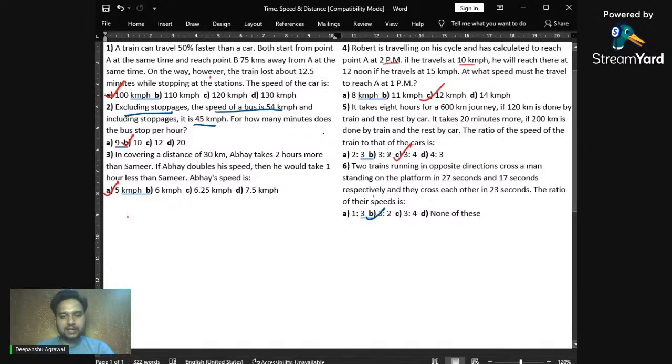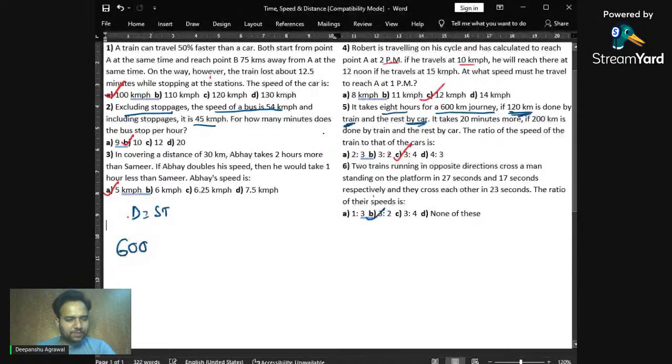Question number 5 says that it takes 8 hours for a 600-kilometer journey if 120 kilometer is done by train and rest by car. Okay. So we know that distance is equal to speed into time, so speed is equal to distance upon time. The journey of 600 kilometer is done in 8 hours when 120 kilometer is done by train and rest by car.